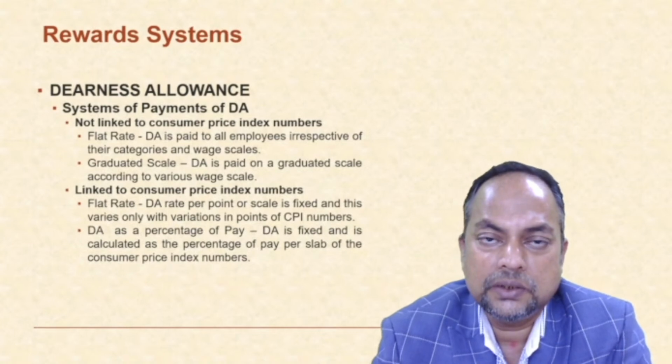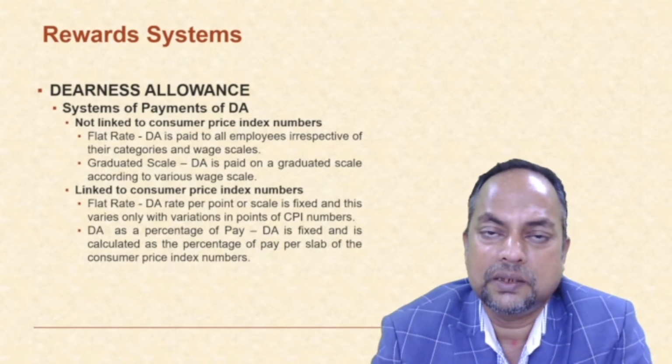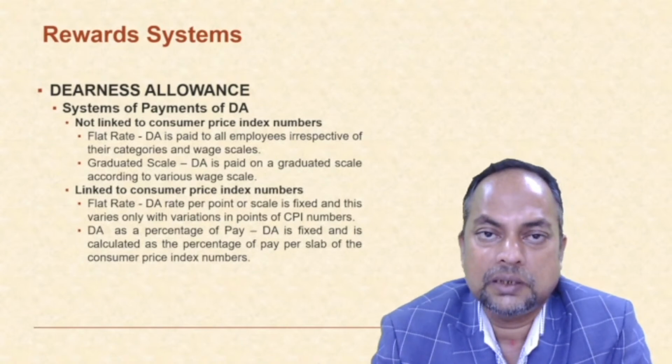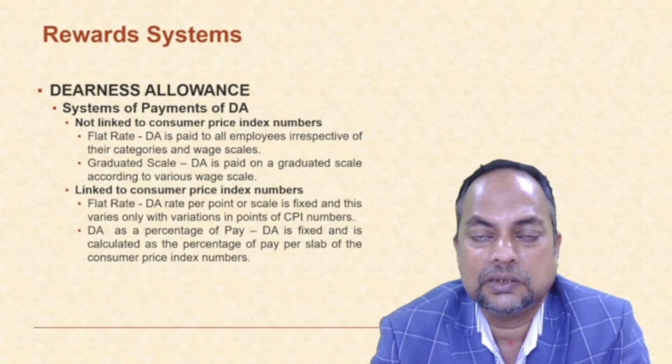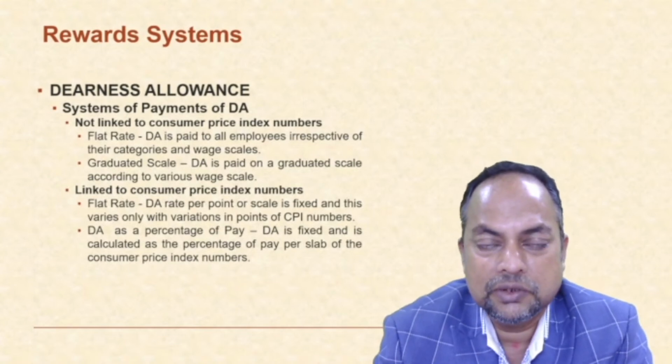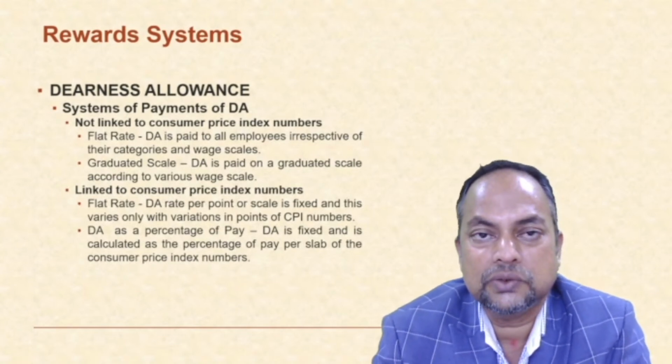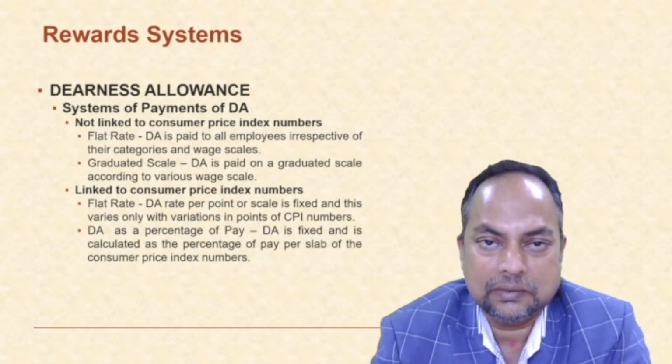So any such variation in the consumer price index number will lead to an increment in the DA as per the fixed scale. Each and every point is given certain point values, and based on that only the DA is calculated.